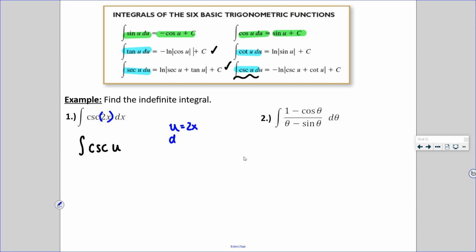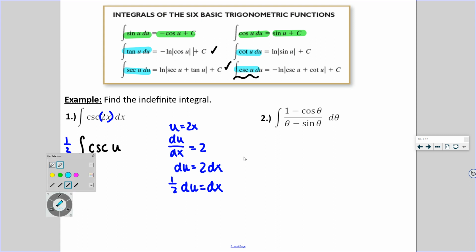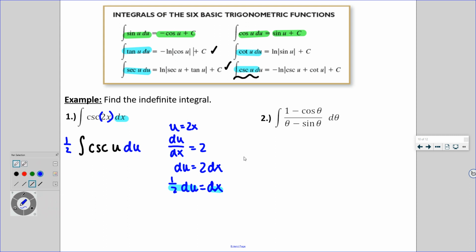And this works out pretty nicely because when I find the derivative, I just get 2. So there's no double u substitution or anything wonky like that. I would just bring out that constant in front, that 1/2. And then we can substitute dx for 1/2 du.